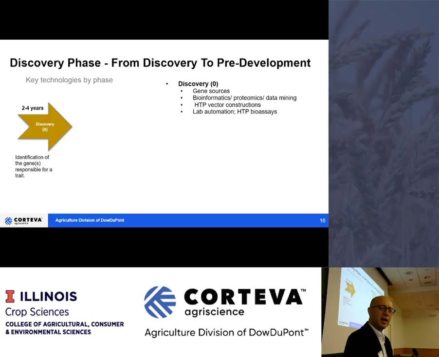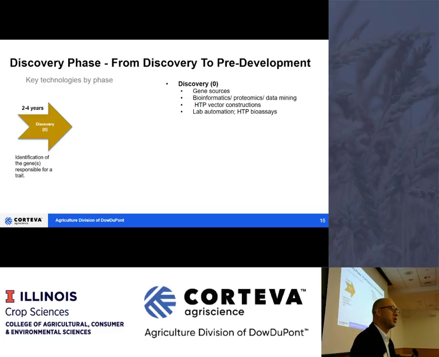And then obviously if you have identified too many of those, then you will have to go ahead and test them, and for that you need to put them in constructs and be able to test each one of those genes. We resort to a lot of high throughput building of constructs, and so lab automation tools, in addition to being able to build them and test them, then have the right ways to test it.